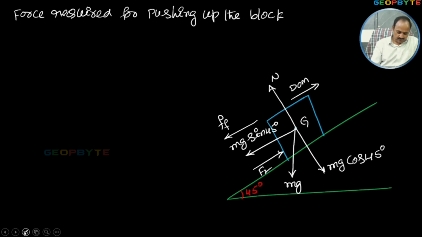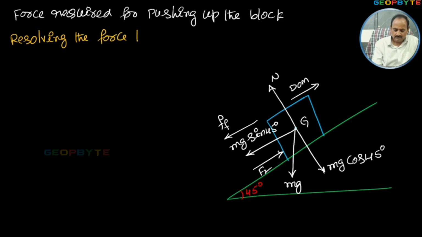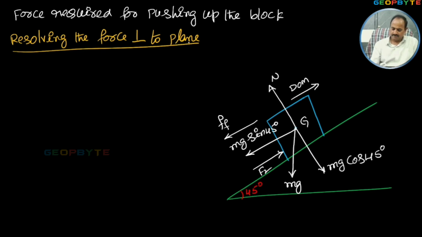Now resolving the forces perpendicular to the plane, N equals mg cos 45 degrees, which is equal to mg by root 2.